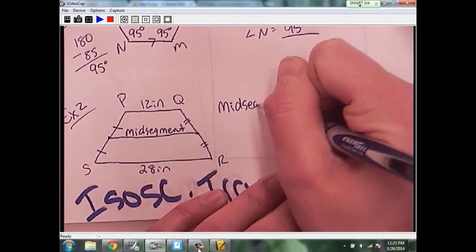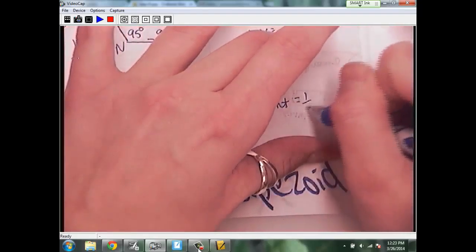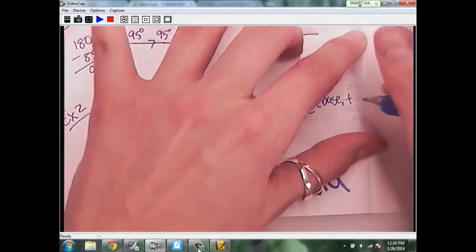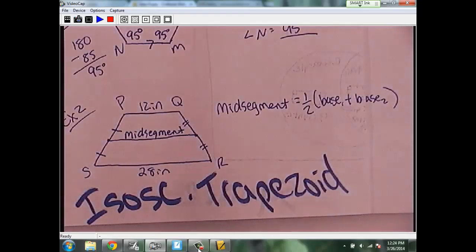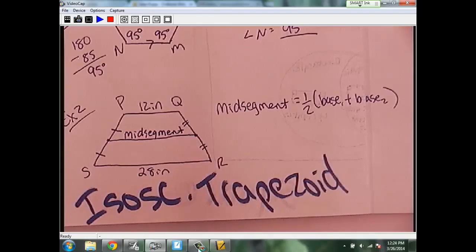Mid-segment equals 1/2 of base 1 plus base 2. And it doesn't matter which one's which as long as you've got both bases in there.